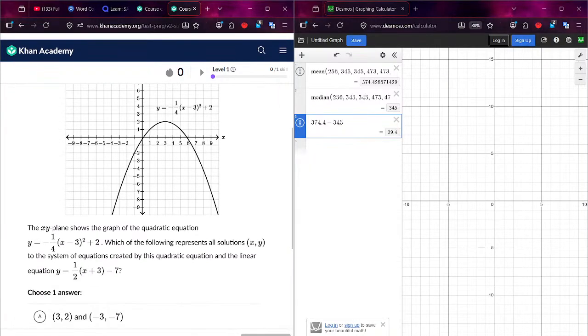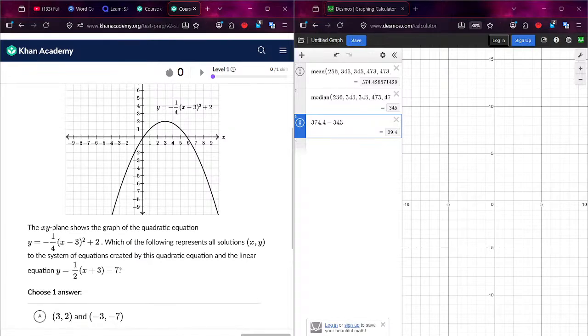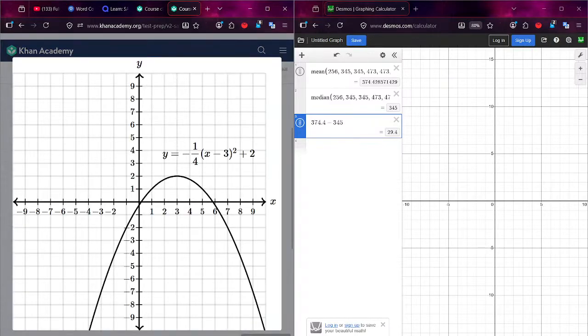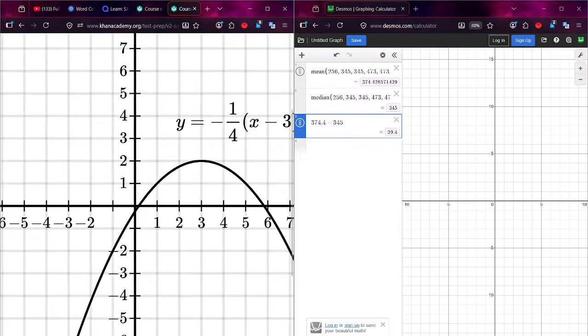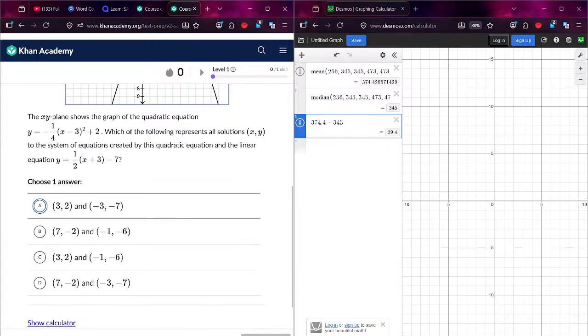The plane shows the graph of the quadratic equation. Which of the following represents the solutions? I guess where it hits the x-axis, that's going to be your solution, the roots of the equation. But that's not exactly what it's asking. It's not asking for the x-intercepts. What represents all solutions to the system of equations by this quadratic and the linear equation?